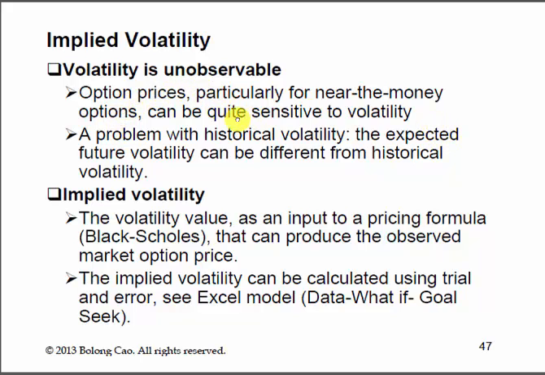What we are seeing basically is that for near the money options, volatility is very important, and with historical volatility, you estimate this volatility based on historical returns. The expected future volatility can be different. Okay, you have an estimation, but the future volatility may be very different.